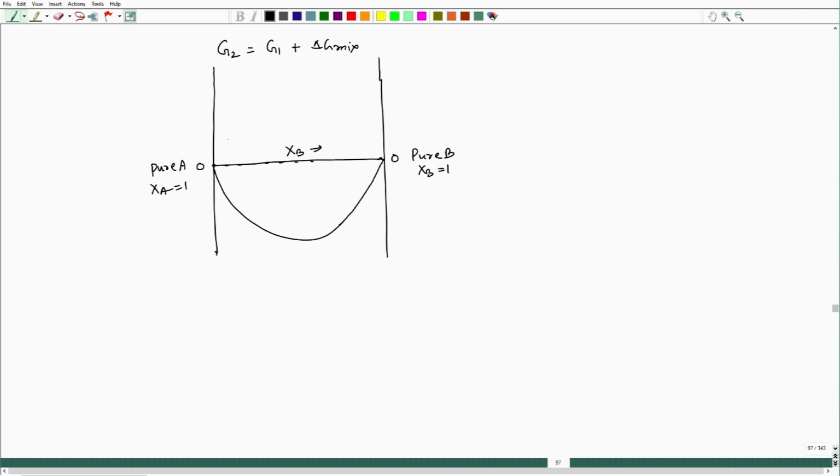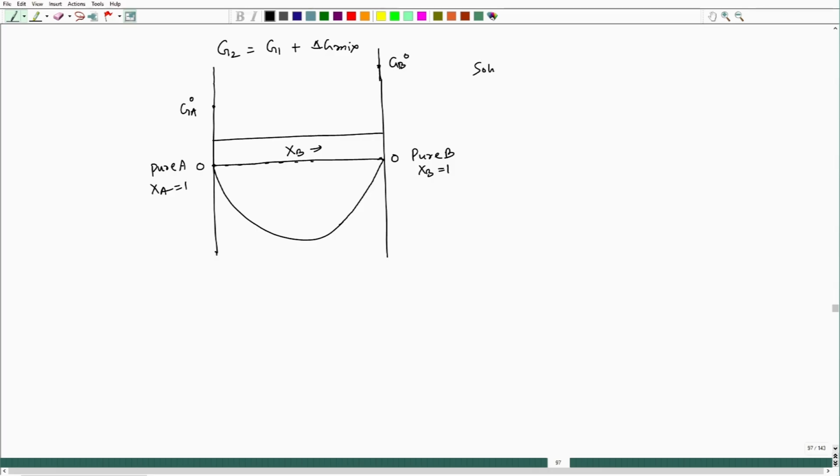Now let us take another plot and put these two values: this is G A naught, this is G B naught.